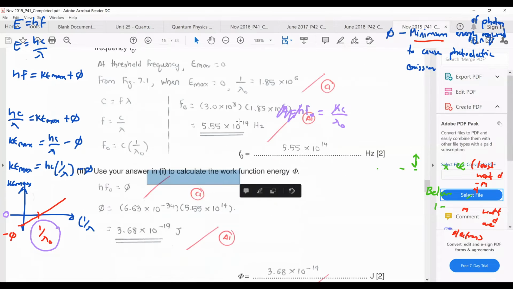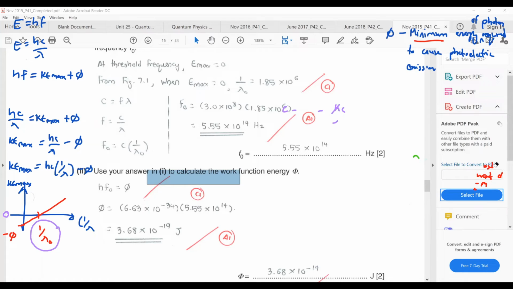You know the value of your threshold frequency, you know the value of your Planck constant, you will get your energy. So you get it as 3.68 times 10 power minus 19 joules.